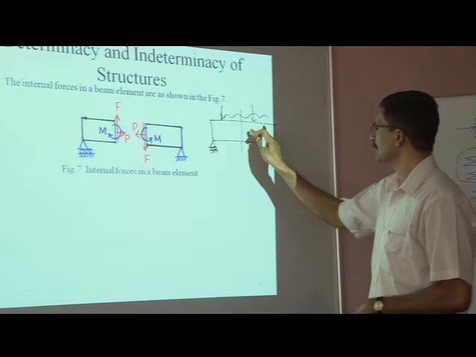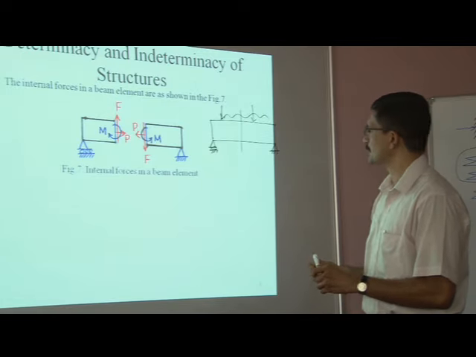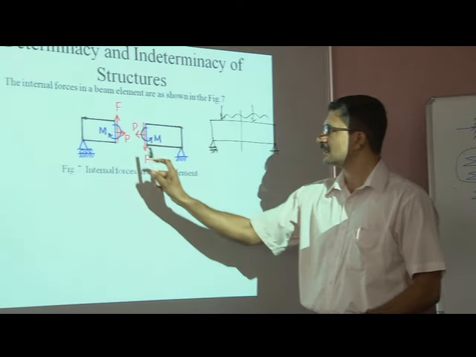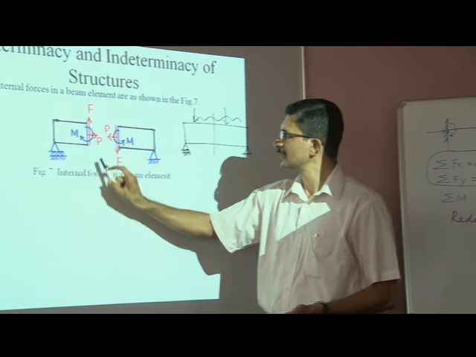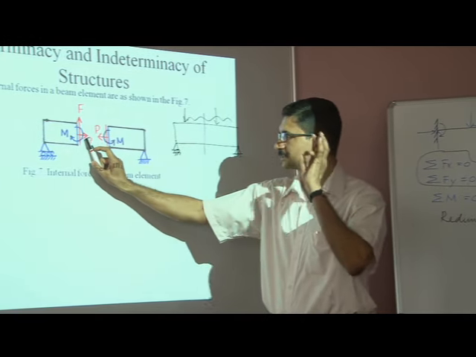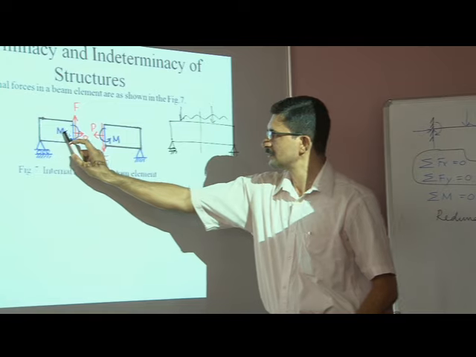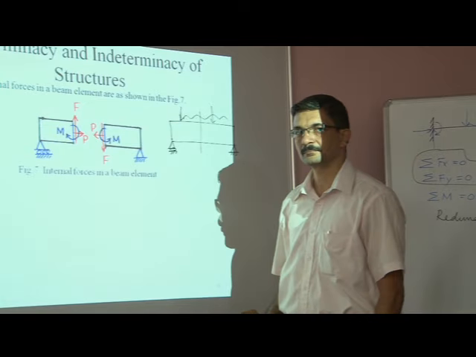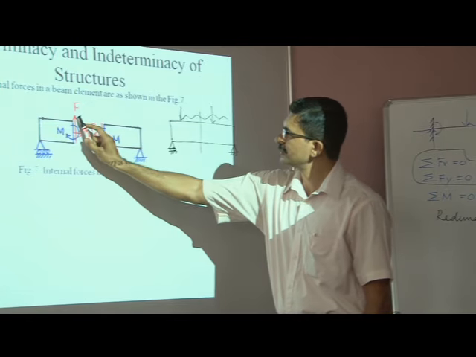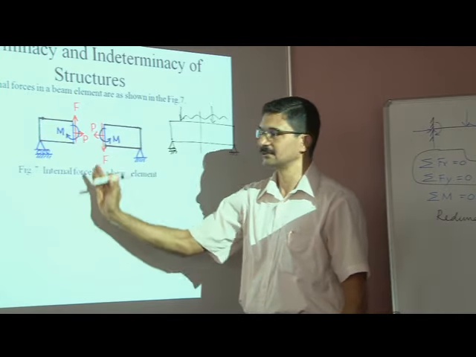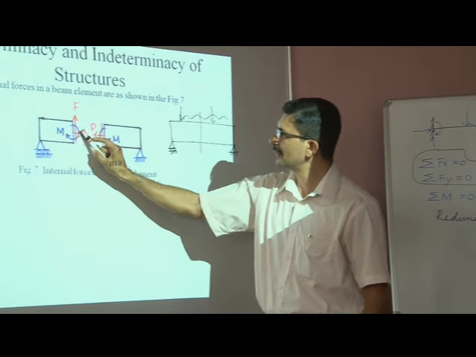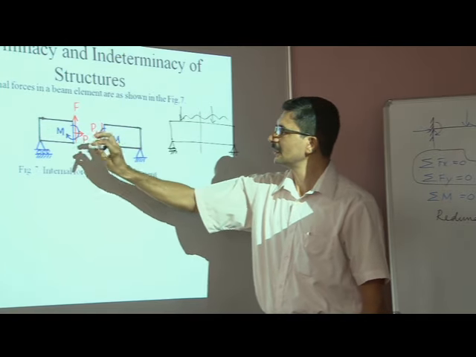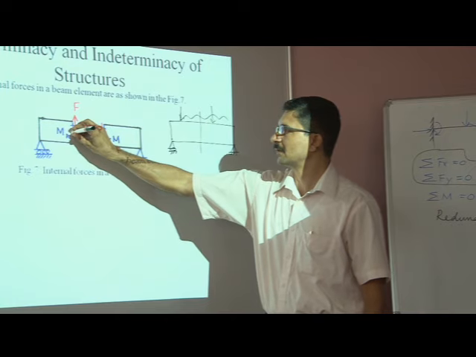If I break that beam somewhere in between the 2 supports, I am going to get the internal forces exposed, and they are P, axial force acting along the longitudinal centroidal axis of the beam, a shear force F acting transverse to the beam cross section like that, and a bending moment, say M, which is along this direction, perpendicular direction in the beam.